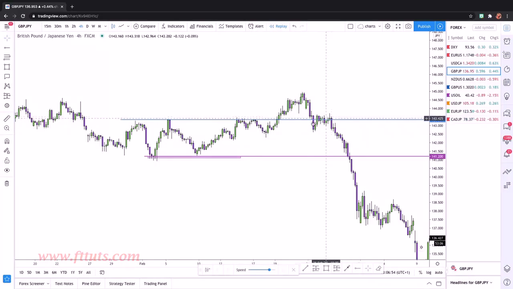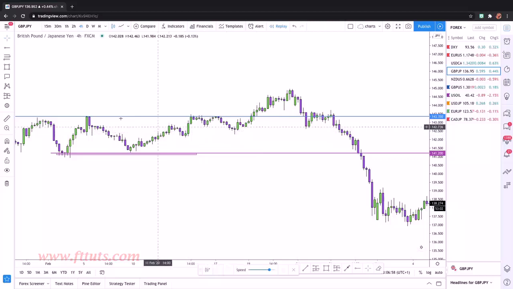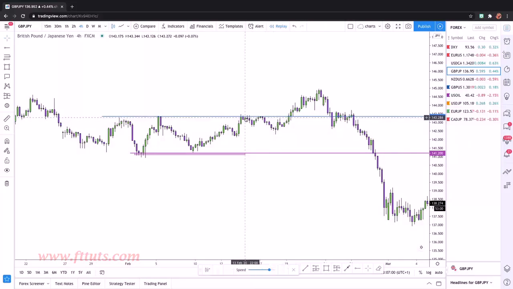Okay, so some of the candle bodies are going to get caught, obviously. We're looking at where price rejected, right? So this respected, then broke, tested, came back down, broke, then kind of ranged around this area, and then closed below. That's all that means.